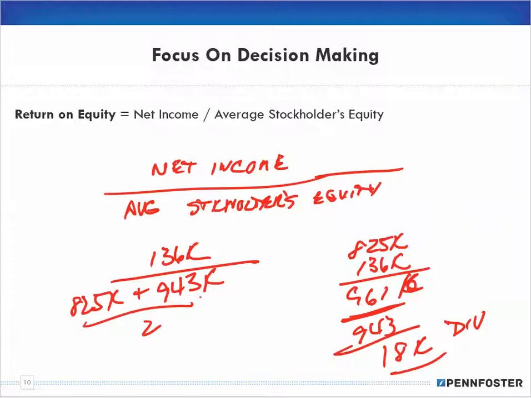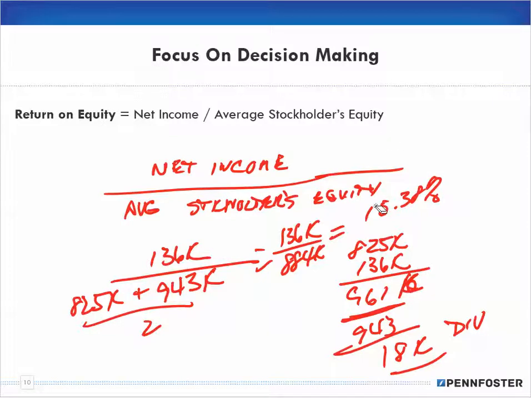I divide that by 2, and that gives me 884,000. So I have 136,000 divided by 884,000, and that gives me a return on investment of 15.38%. And I could have said done, finished, end of video, right?